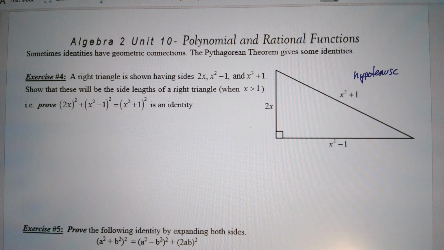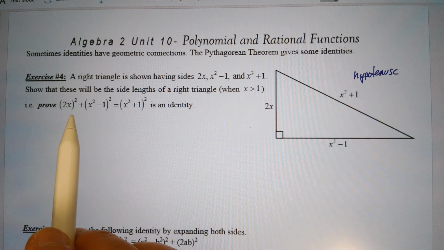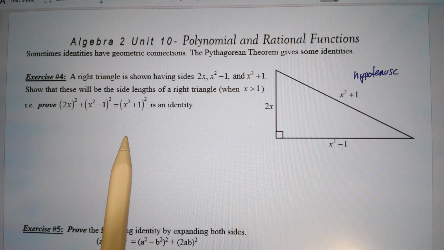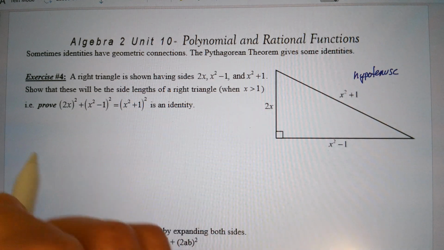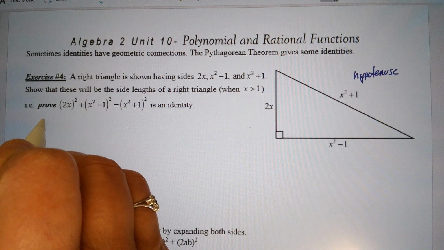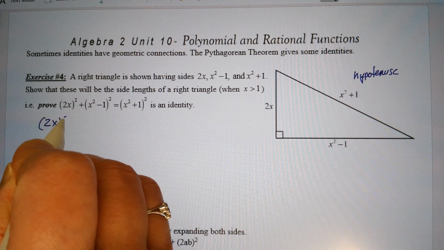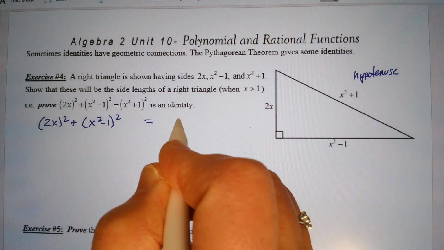In other words, we want to prove that leg squared plus leg squared equals hypotenuse squared: (2x) squared plus (x squared minus 1) squared equals (x squared plus 1) squared. Now, I'm going to write this out to give myself some more room.